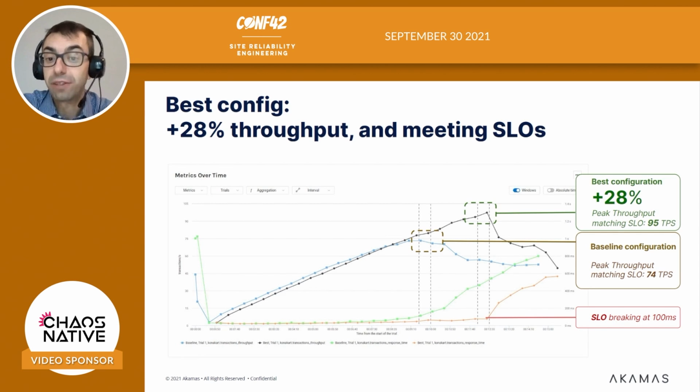Let's now look at the best configuration. The throughput, which is the black line, reaches 95 transactions per second before violating the response time SLO. Therefore, the best configuration identified by machine learning powered optimization provides a 28% increase in transactions per second, while also meeting the defined service level objectives.